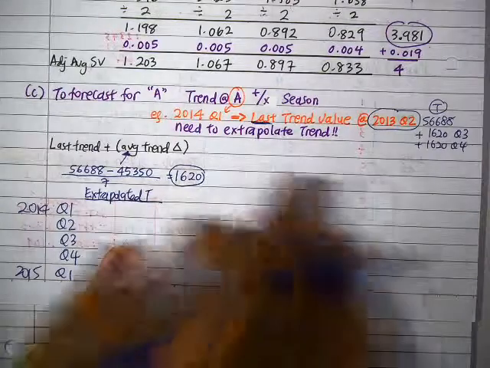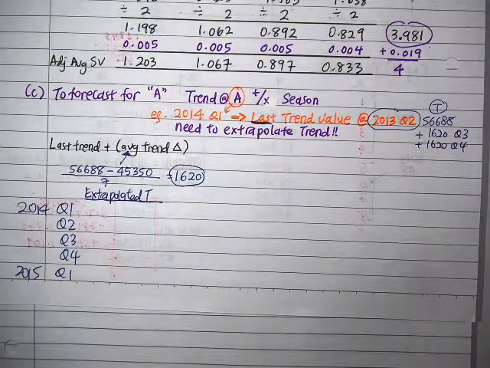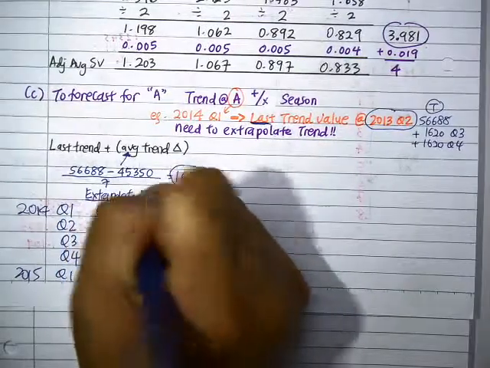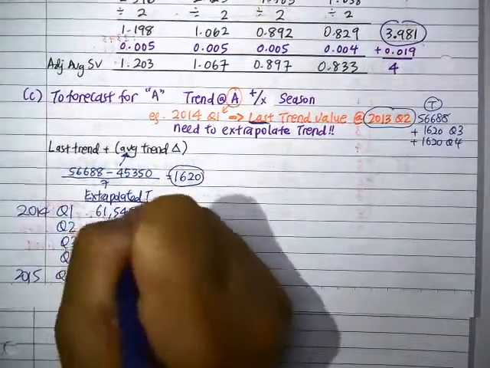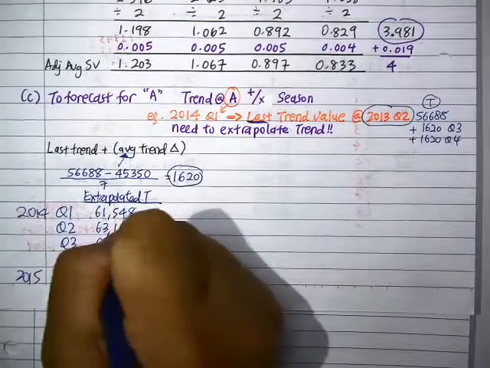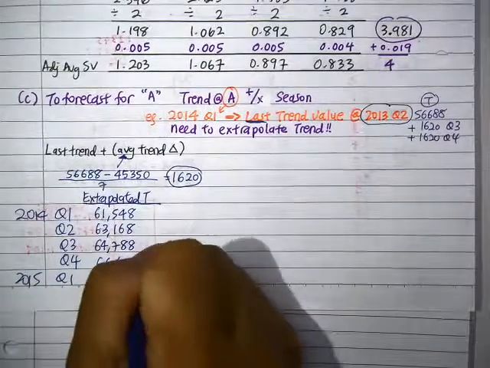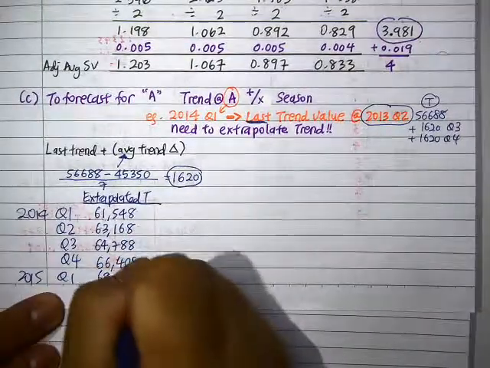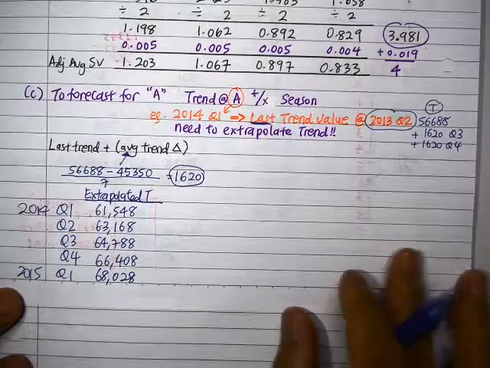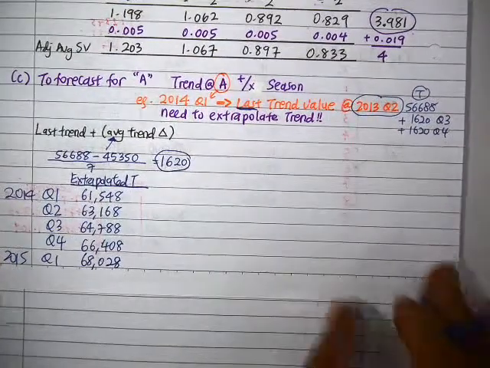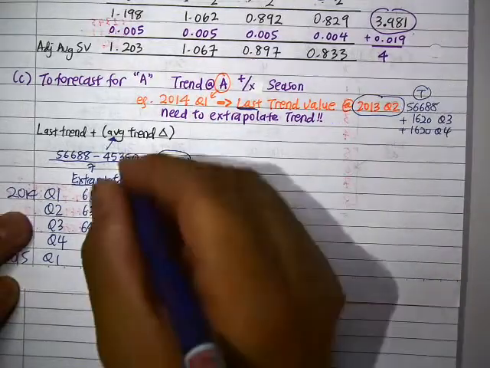Now please just add only 56688, 61548, 63168, 64788, 66408, 68028. You understand? You are just adding it, that on average you are increasing it by 1620. Okay.